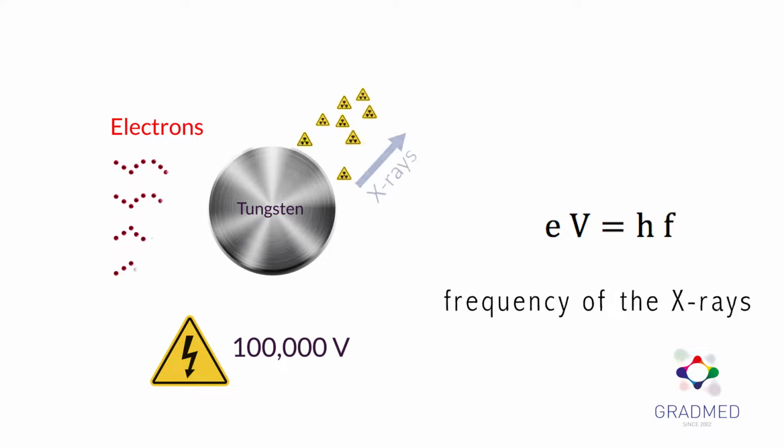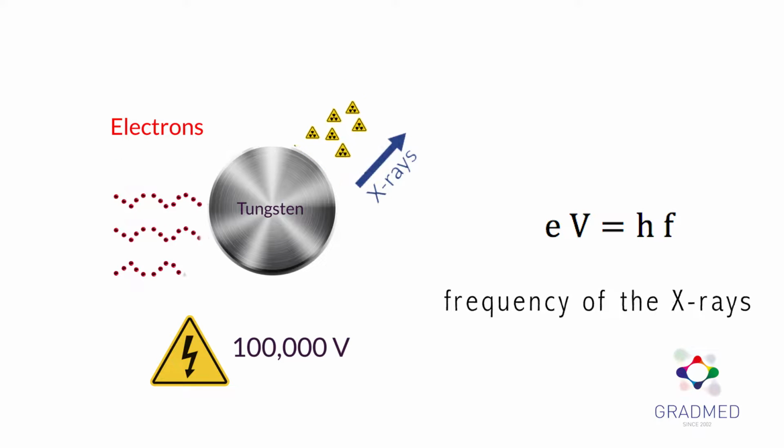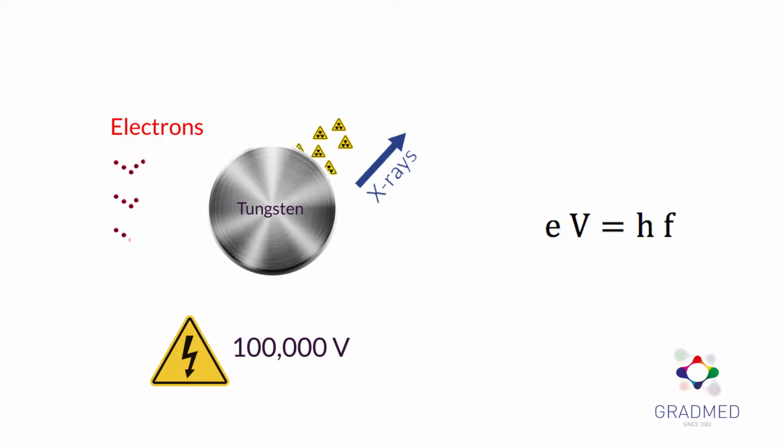Now, you could of course be asked to use this equation in the exam by inserting appropriate values, and some examples of this type of usage are given in the study guides. Here though, we just want to highlight the key idea of the equation, which is that a larger accelerating voltage will produce higher frequency X-rays.